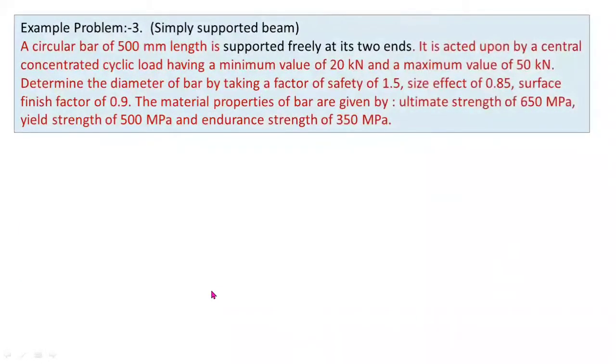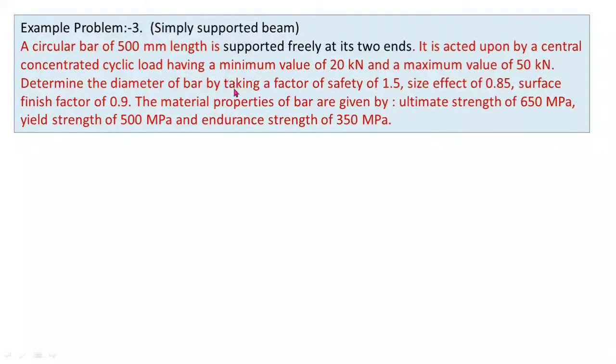Now coming to another example. A circular bar of 400 mm length is supported freely at its two ends. It is acted upon by a central concentrated cyclic load having a minimum value of 20 kilonewtons and a maximum value of 50 kilonewtons.